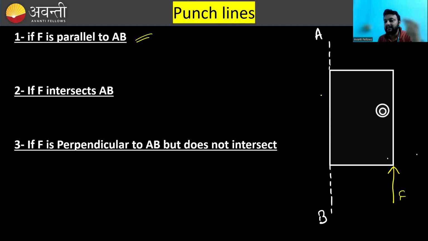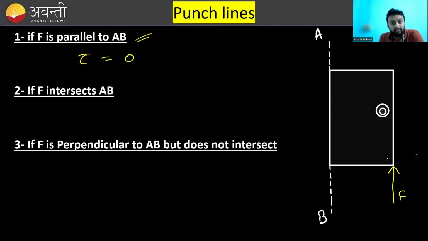If you apply force on your door like in this situation, the door will not open. So you can make it a punchline in your mind: if F is parallel to AB, then the torque of that force is zero.